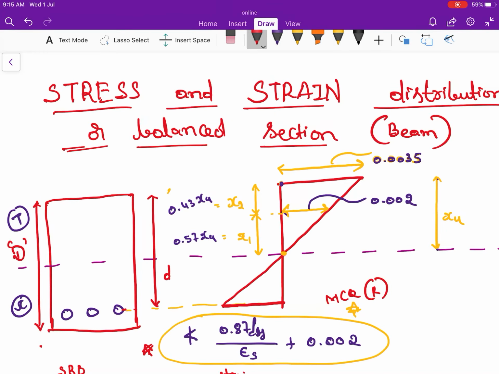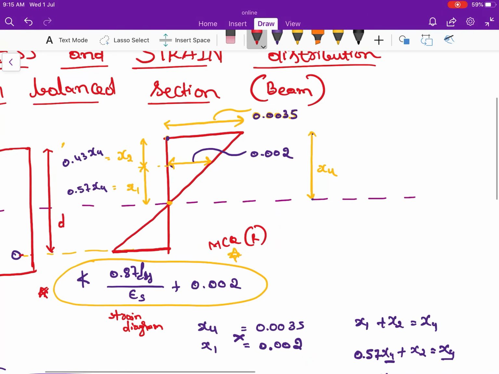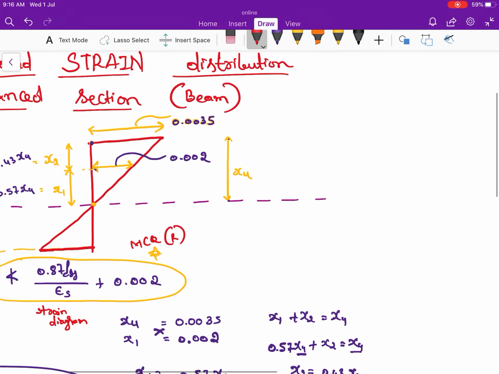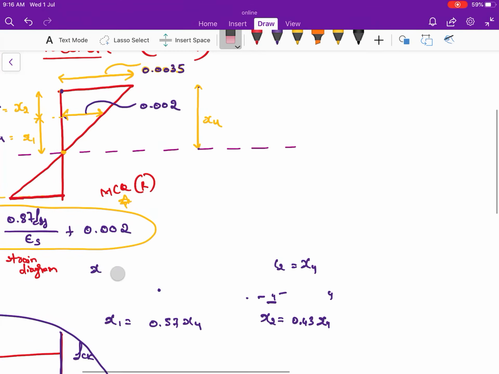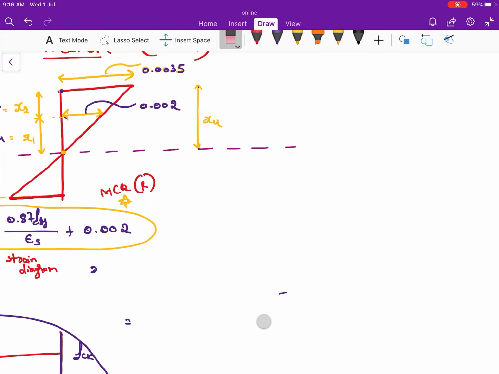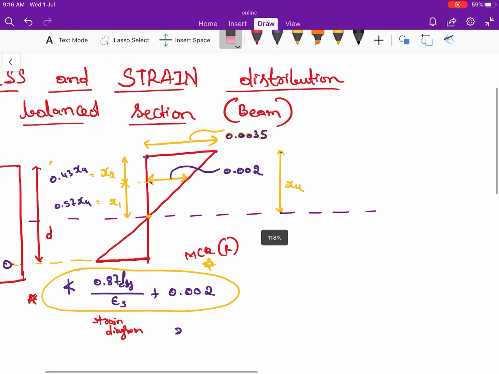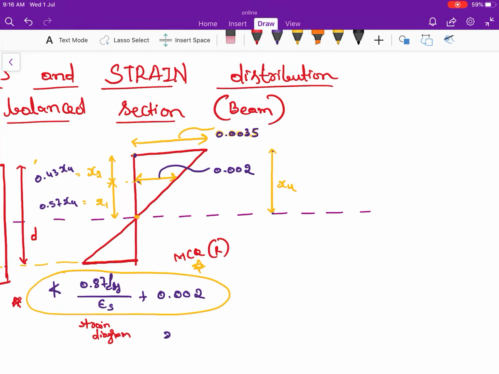And after finding out this, I am going to write the stress distribution here. Okay, how we are going to write the stress distribution is very important. I am going to rub these things. See, the stress distribution comes in such a way that, okay, at this point, I am just lining it like this.